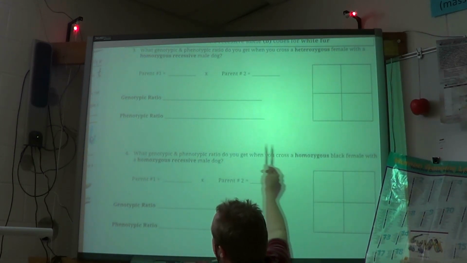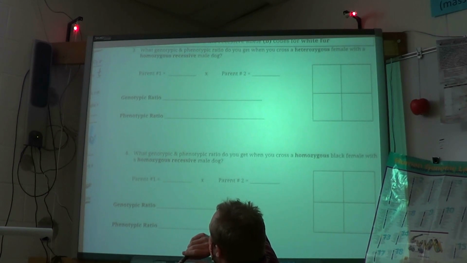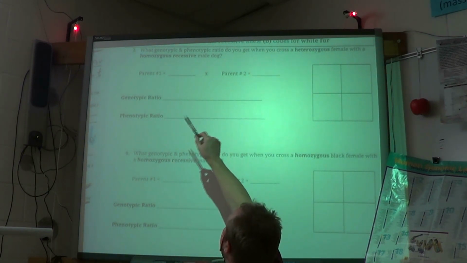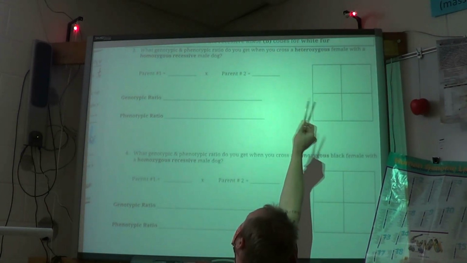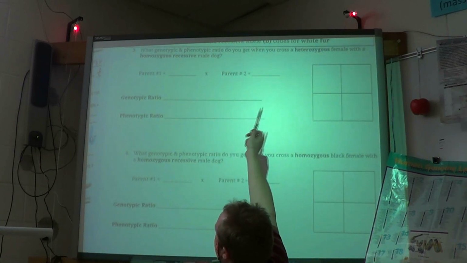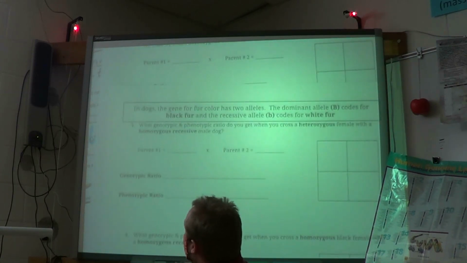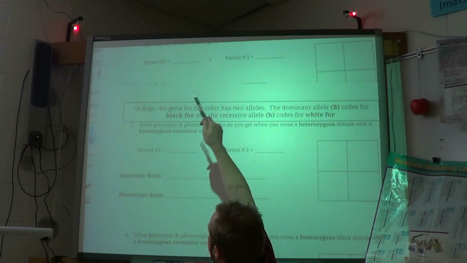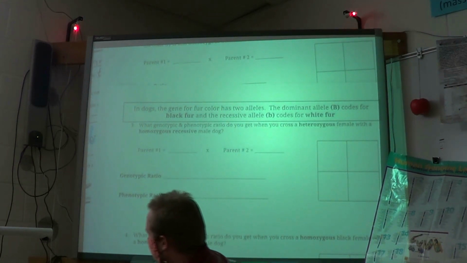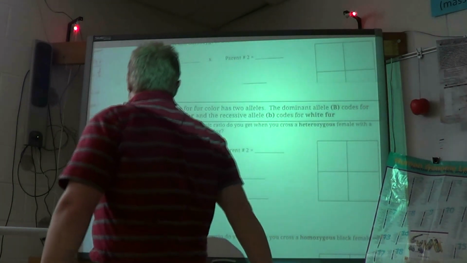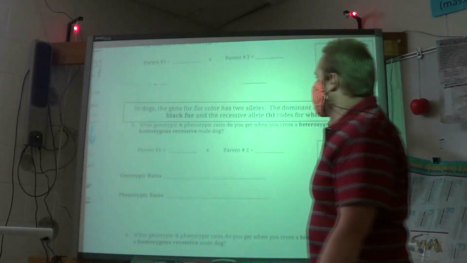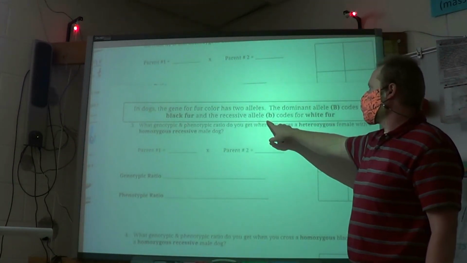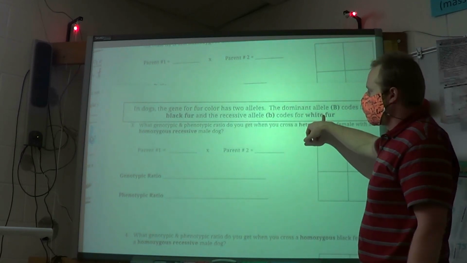homozygous black female and you cross it with a homozygous recessive male, or a heterozygous female with a homozygous recessive male. Just so we're clear, in the very top, it talks about what the traits are. And this one is talking about dog fur. Black dog fur is dominant, big B, over the recessive allele, little b, for white fur.